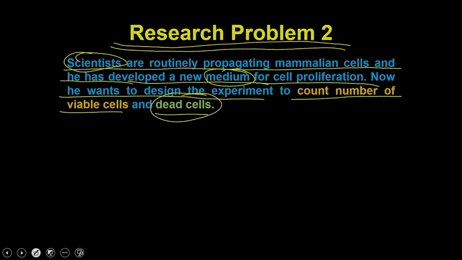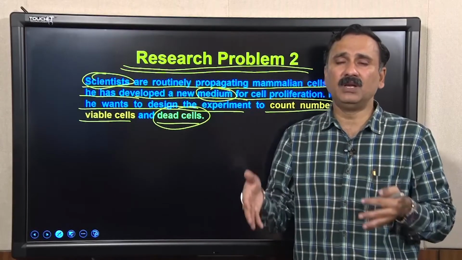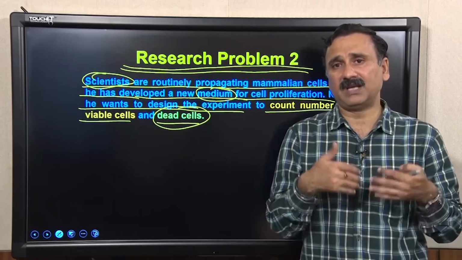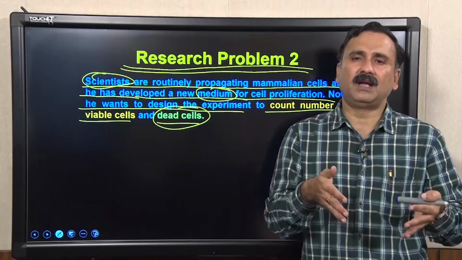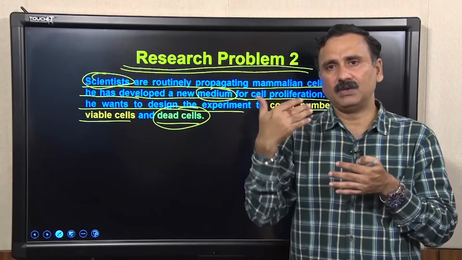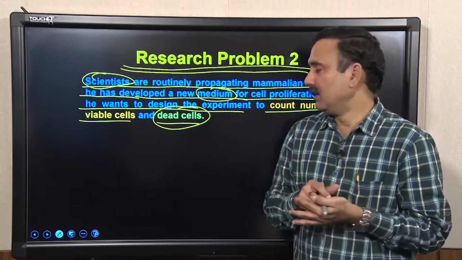Since he has developed a new media, he wants to test whether this media is good enough compared to the established media, and whether the number of live or dead cells is more or less when using this particular new media for propagation.